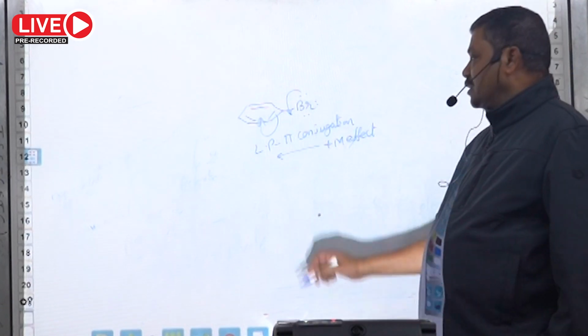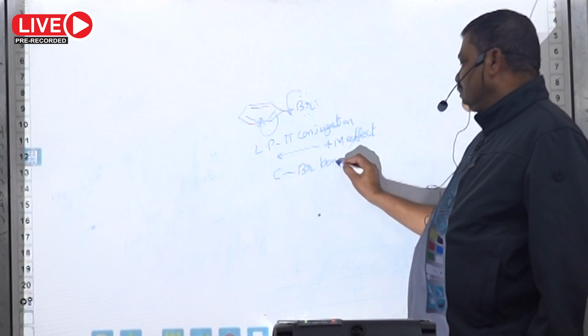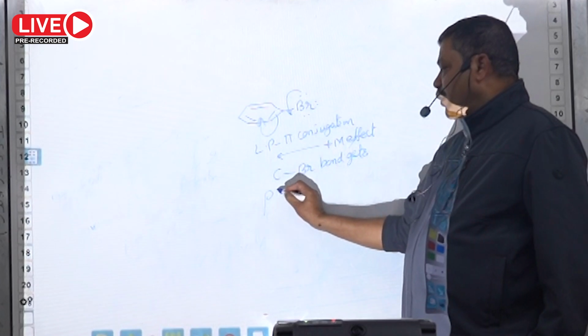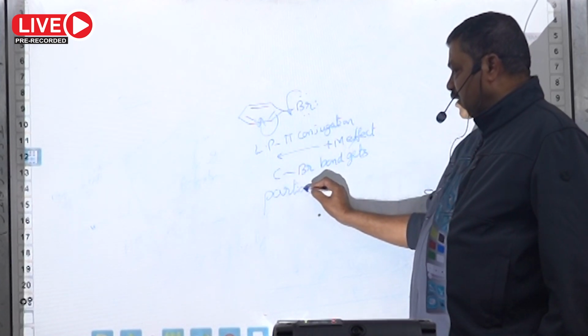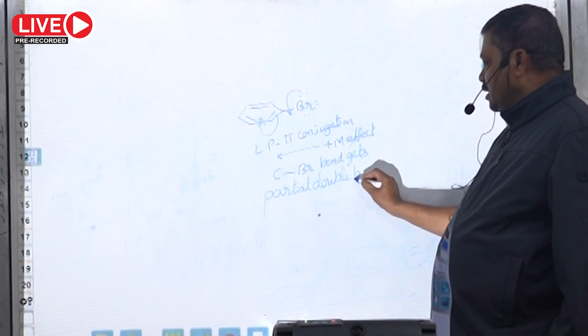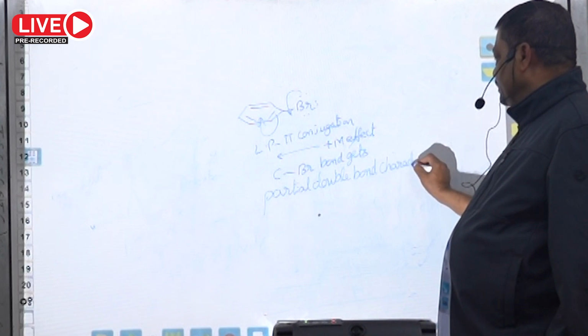Because of this plus M effect, the C-Br bond gets partial double bond character.